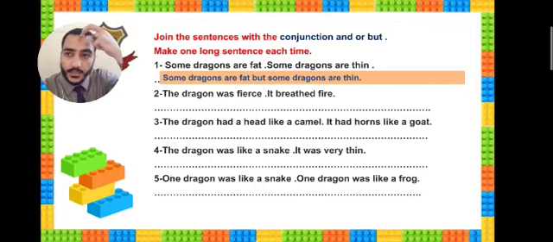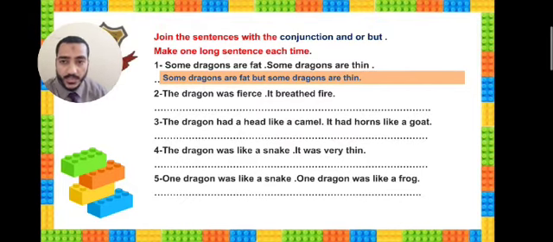Okay. The dragon was fierce. It breathed fire. Is there a difference between these two sentences? No, fierce means, as we studied, very angry, ready to attack.